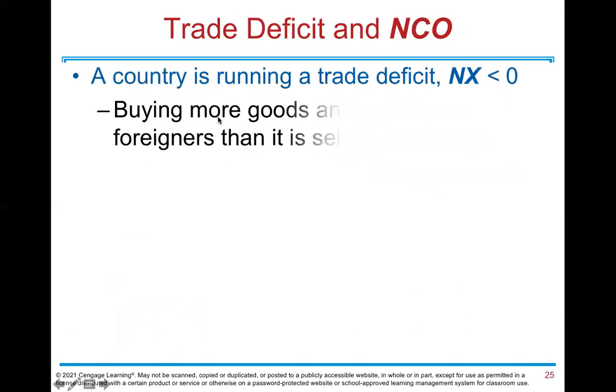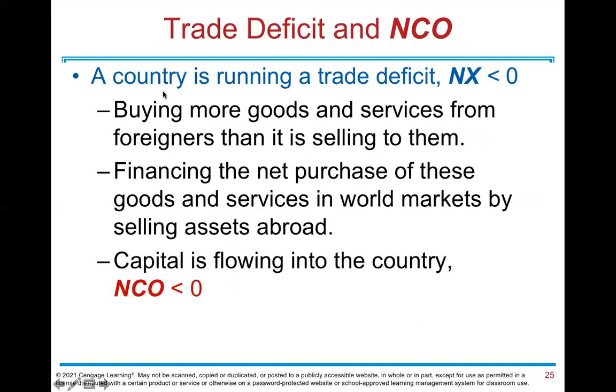Because they have a trade surplus. The other side is going to say, well, if NX is less than 0, that means that they have a trade deficit. That means that this country, let's say the US, is buying more goods and services from foreigners. That means that NX is less than 0. That means that NCO is less than 0. That means that capital is flowing into the country.